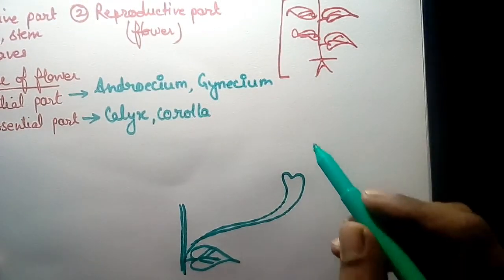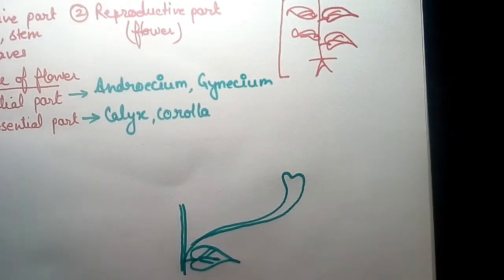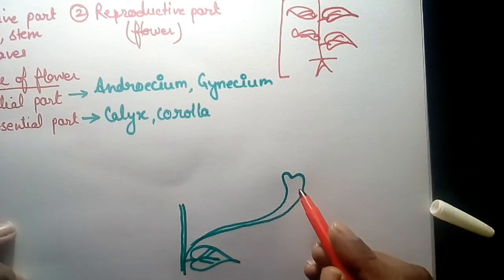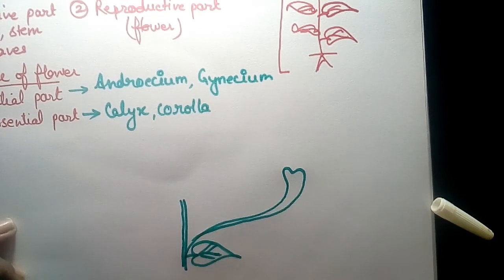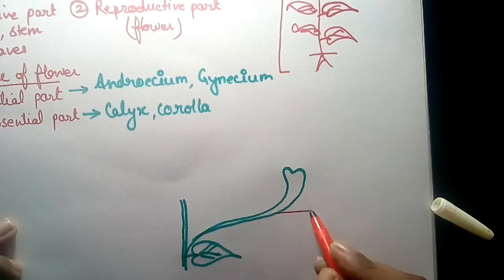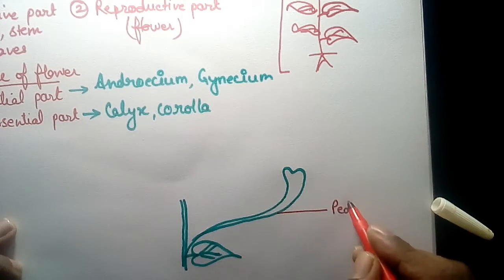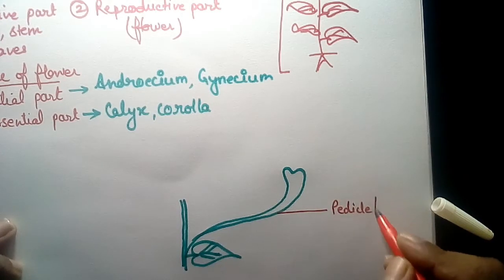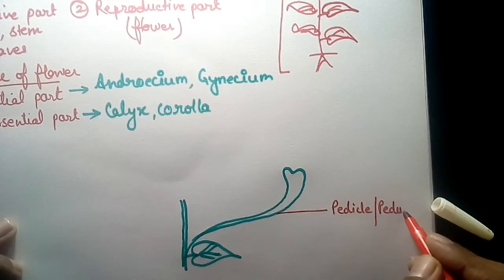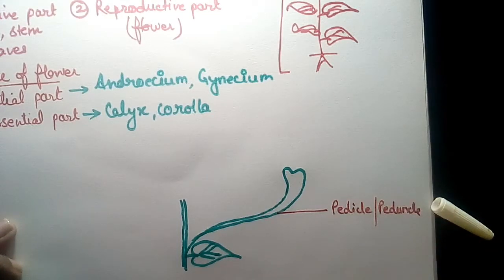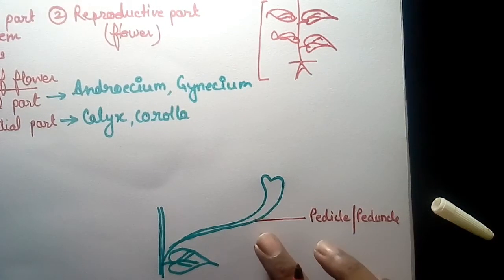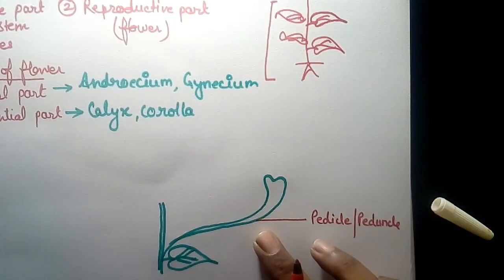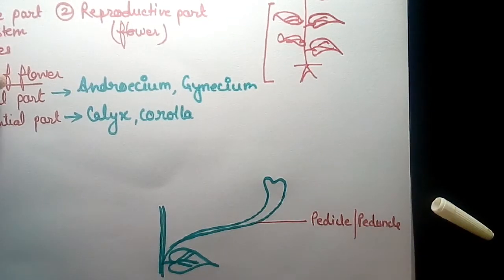It means the part of the flower by which it is attached to the stem or the branch is called pedicel or peduncle. What is pedicel, peduncle? Pedicel is the part of the flower which is attached to the stem.